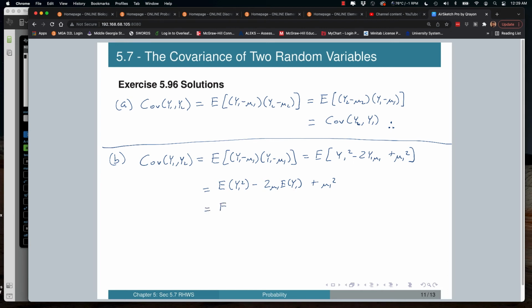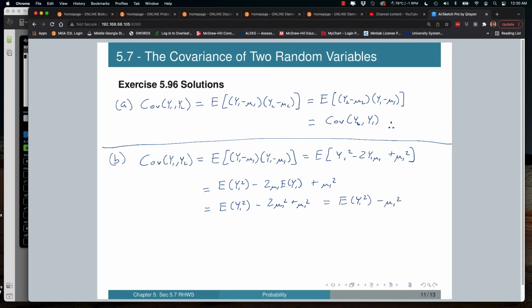which equals the expected value of y sub 1 squared minus, now the expected value of y sub 1 is just mu sub 1, so we get 2 mu sub 1 squared plus mu sub 1 squared here, which just equals the expected value of y sub 1 squared minus mu sub 1 squared.